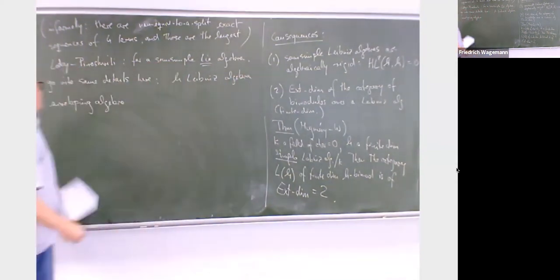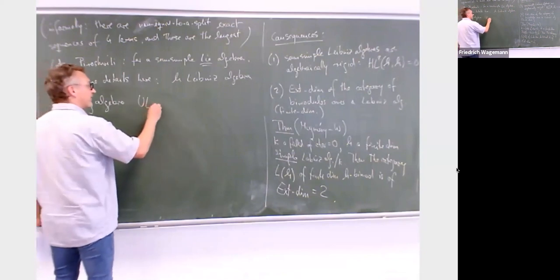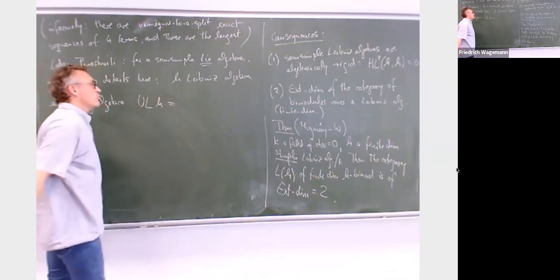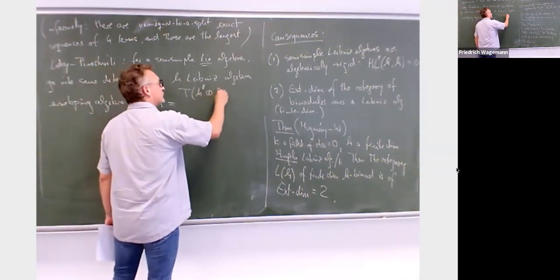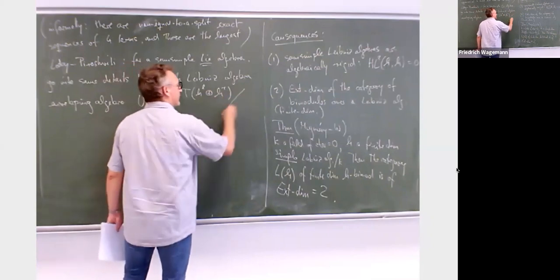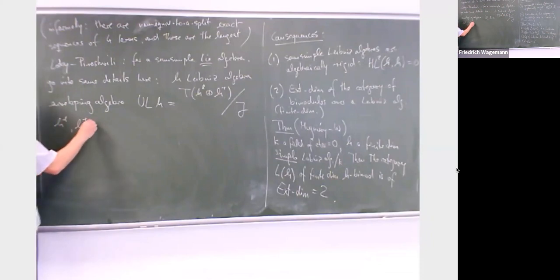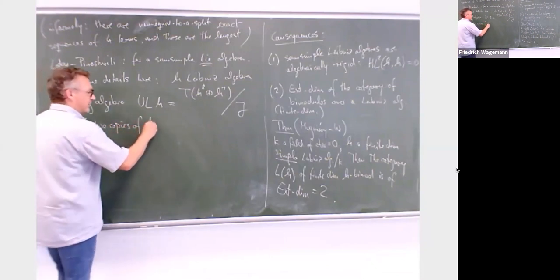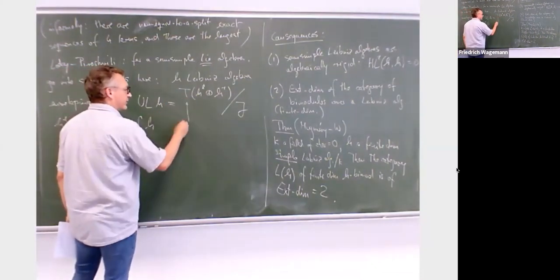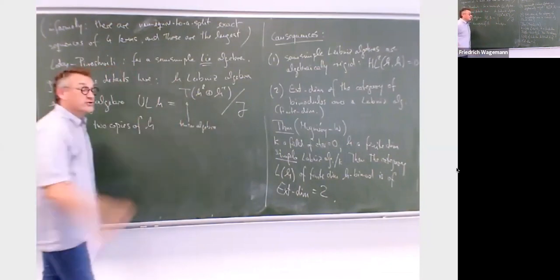There is an enveloping algebra UL of H, which is the quotient of the tensor algebra on 2 copies of H by some ideal J. HL, HR, 2 copies of H. This is the tensor algebra, the free associative algebra if you want.